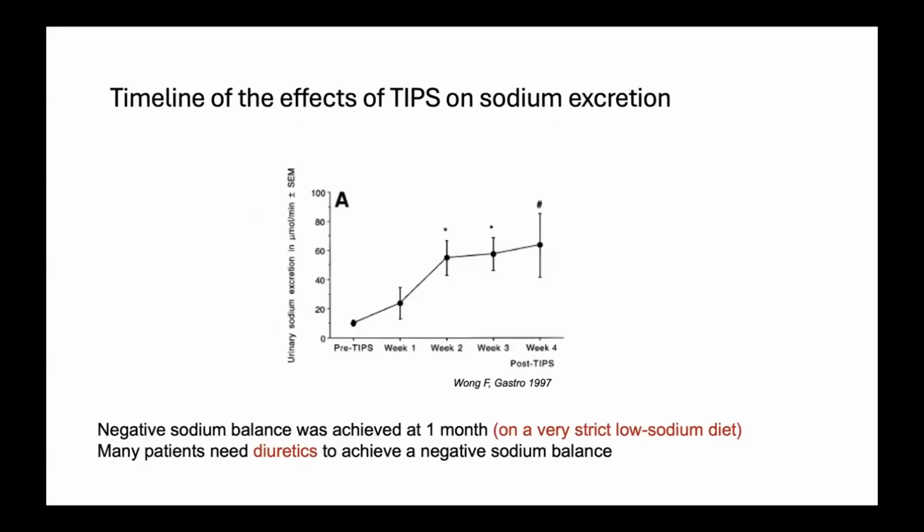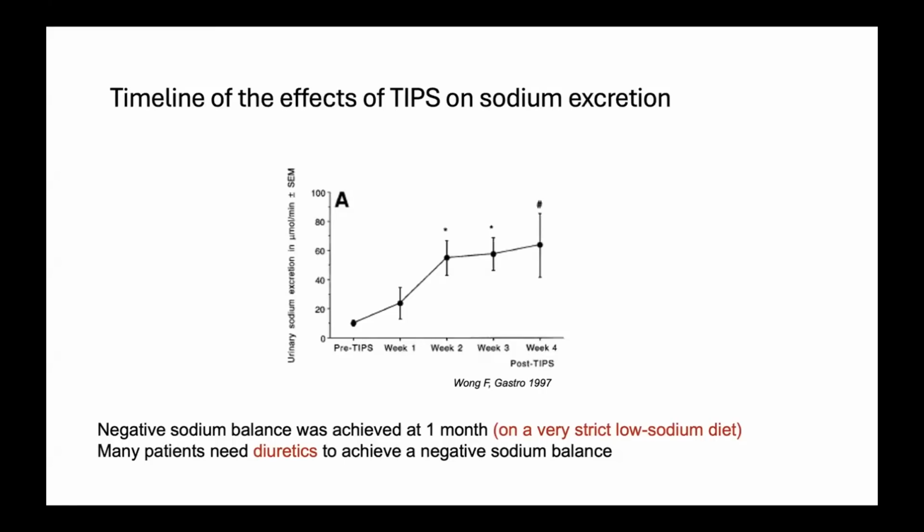A very important concept with TIPS is that the effect of TIPS on ascites is not immediate. This is a paper from Florence Wong in Toronto many years ago showing that when you place a TIPS, it takes about a month to reach a negative sodium balance. And this was on a very strict sodium restricted diet.